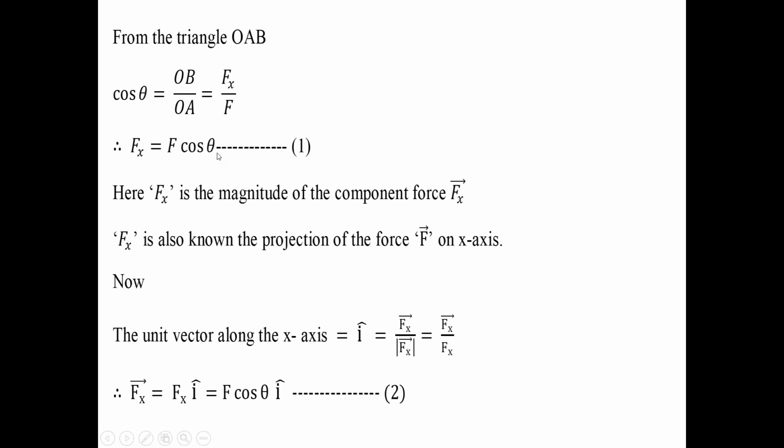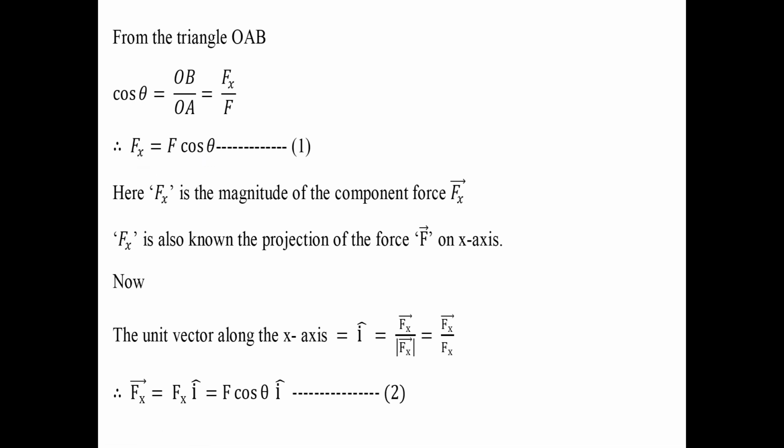Here we have cos theta because the force F bar is making the angle theta with the x-axis. F is the magnitude of the force F bar. Since that force F bar with the x-axis is making the angle theta, we have this cos in that projection Fx.